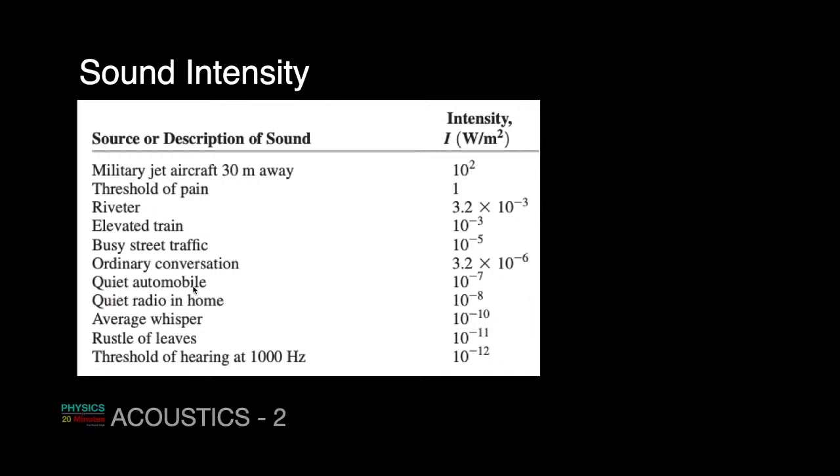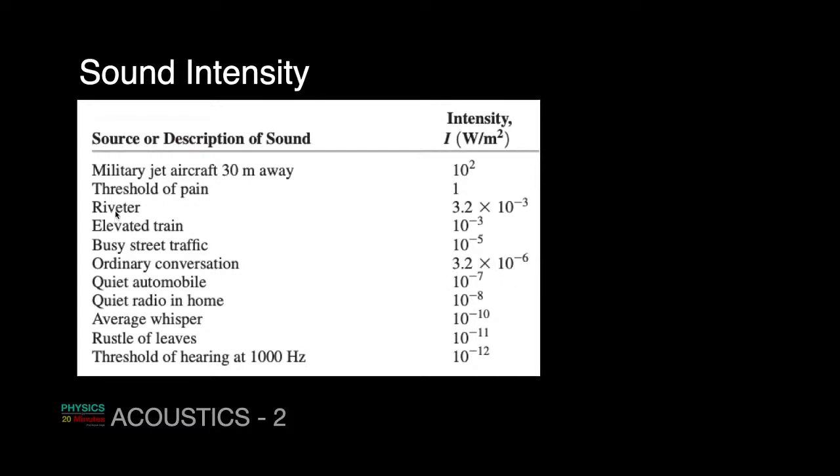Quiet automobile, I feel that it's an automobile where the ignition has started but it is not running on the road. So these are the intensities. Busy street traffic is 10 power minus 5. Ordinary conversation, 3.2 into 10 power minus 6.